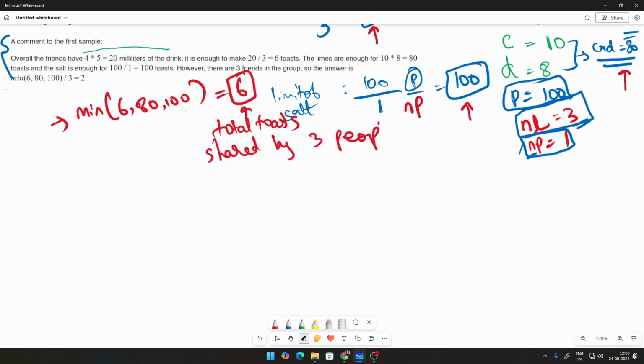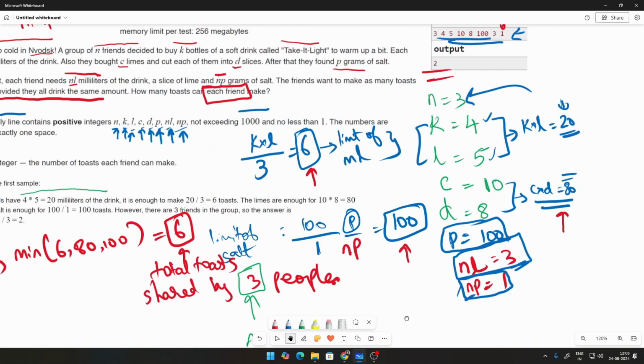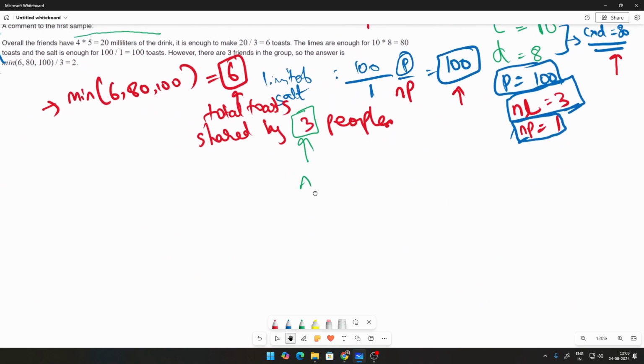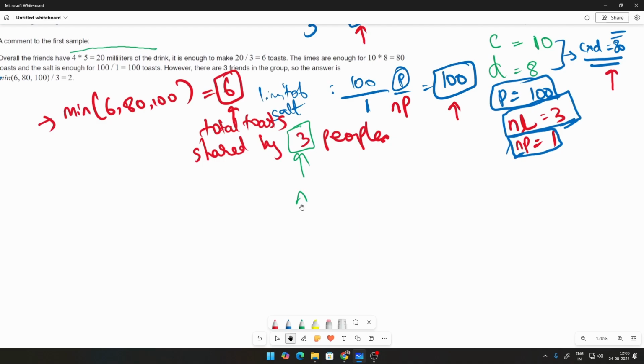This 3 number here is something that changes, and this is nothing but n in the question. The question asks how many toasts can you make for each person, and that is given by this number divided by n. You'll get some value like 3, and this will be the answer.